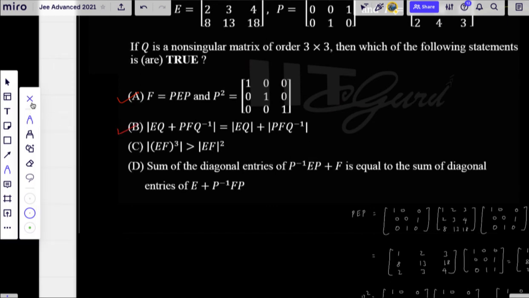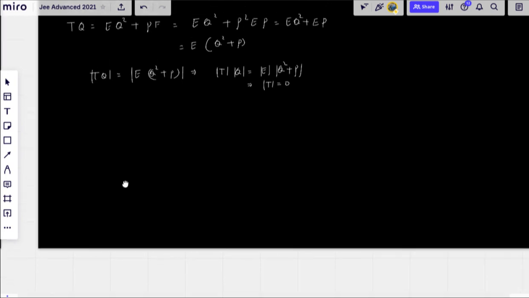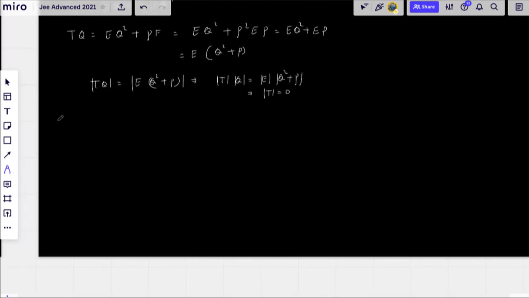Now check for the C option. As for the C option, you can see over here EF whole cube, as they are saying, the determinant of EF whole cube is greater than the determinant of EF whole square.